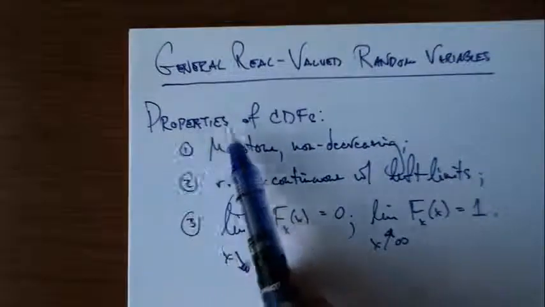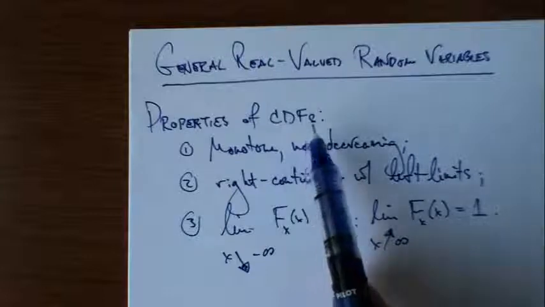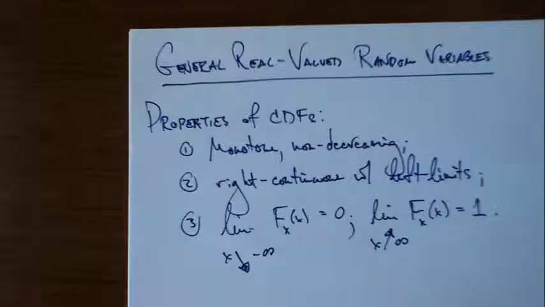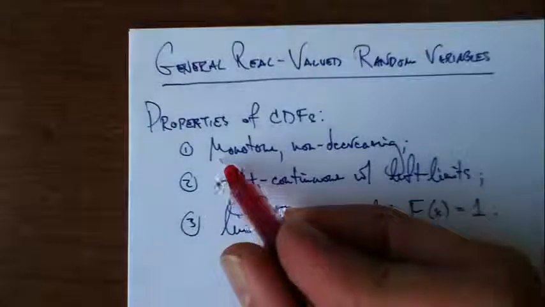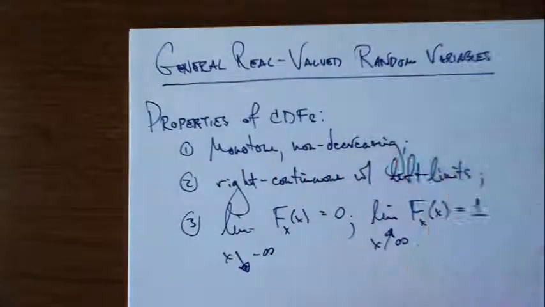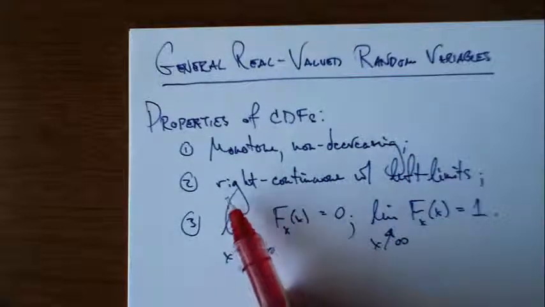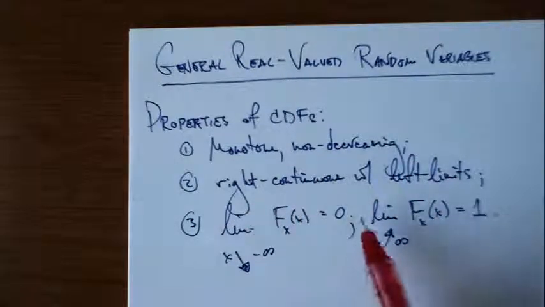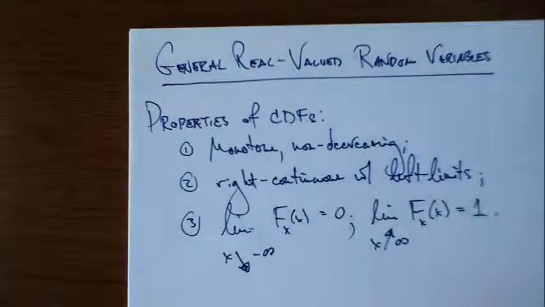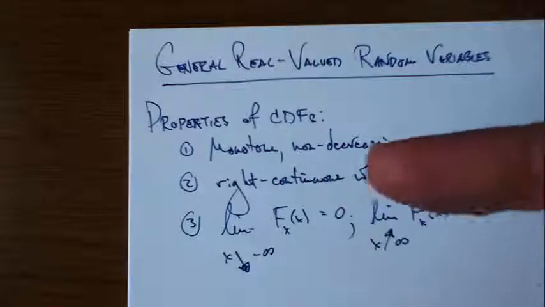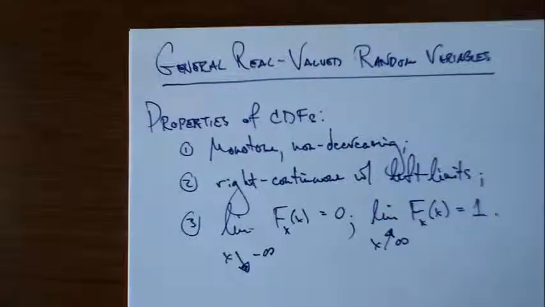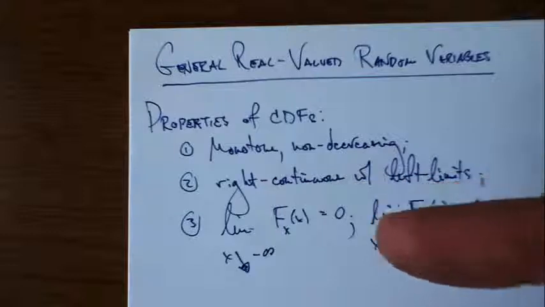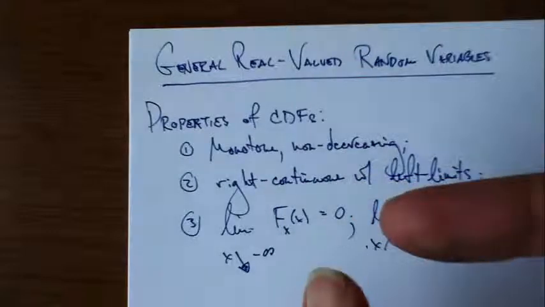So let's review some properties of cumulative distribution functions. First of all, they're monotone, non-decreasing. Okay, they go up is what that means. Second of all, they're right continuous with left limits, meaning they're continuous from the right. If you move from the right along the function, the limit there is exactly equal to the function evaluated at that point.